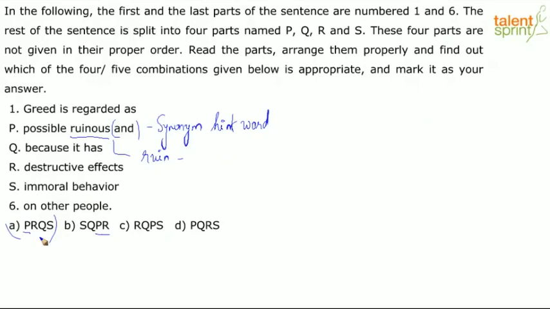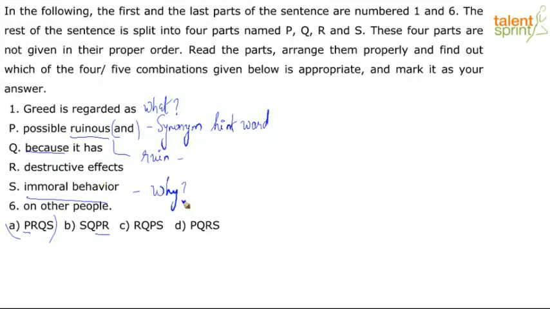So greed is regarded as what, like Bluffmaster very loudly pointed out? Immoral behavior. Why? Answering the question again, another connector. Why? Because. So there is a cause and there is a reason why this is so, right?